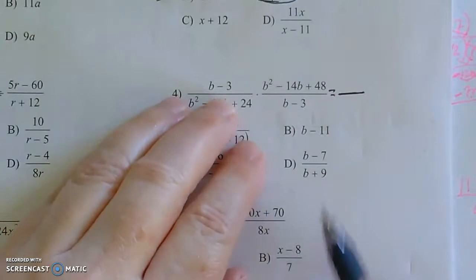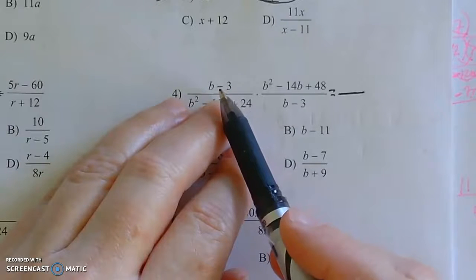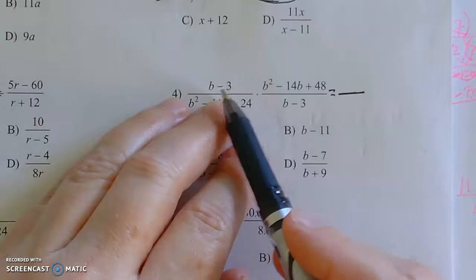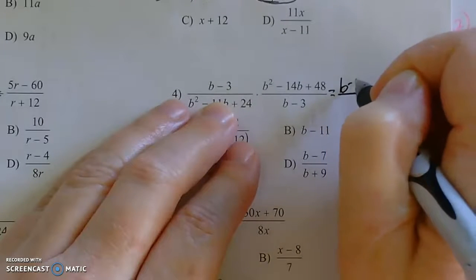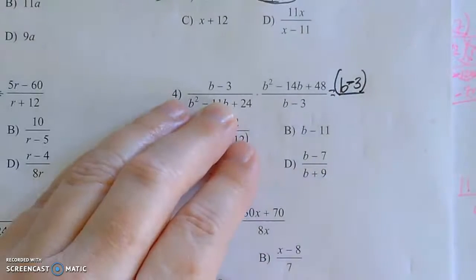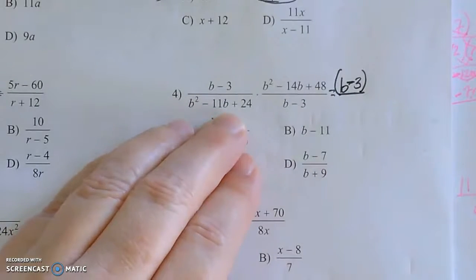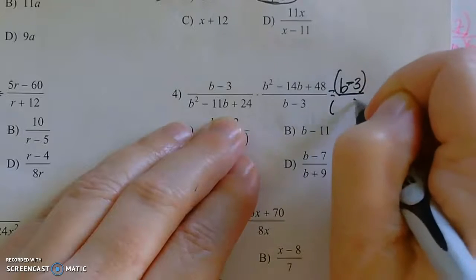In our numerator, b is to the first power, so we can just look for a GCF, and the largest number that will divide both b and 3 is 1, so I'm just going to leave it as b minus 3. You can put the 1 out here, you don't have to. In my denominator, b is squared, so that's a hint that I'm going to use 2 sets of parentheses.